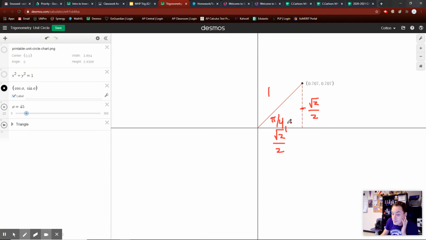Now, if we say sine is our y in our unit circle, what is sine of pi all over 4? Well, look at it. Sine of pi over 4 is radical 2 all over 2 divided by my hypotenuse, which is 1, which is radical 2 all over 2. But sine is y, which means it's this. So 0.707.